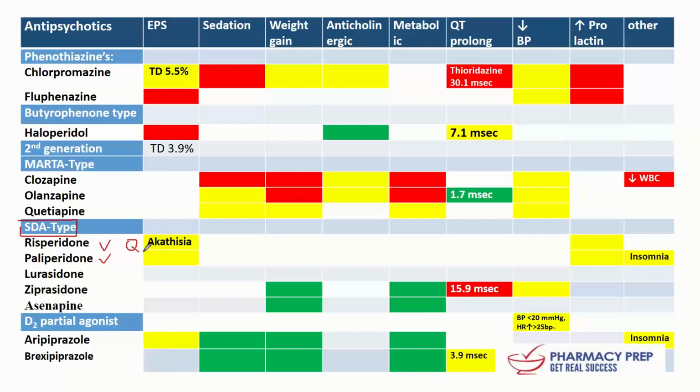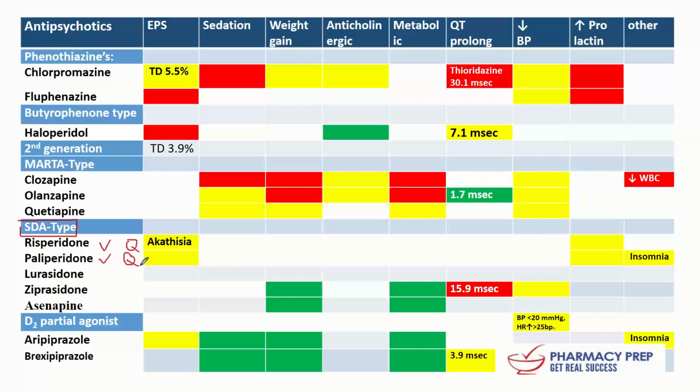That kind of symptom is seen with risperidone, and also paliperidone, which is a metabolite of risperidone, and has similar akathisia side effects compared to the other second generation drugs. So if you're looking for a second generation drug known to have EPS, remember risperidone and paliperidone.